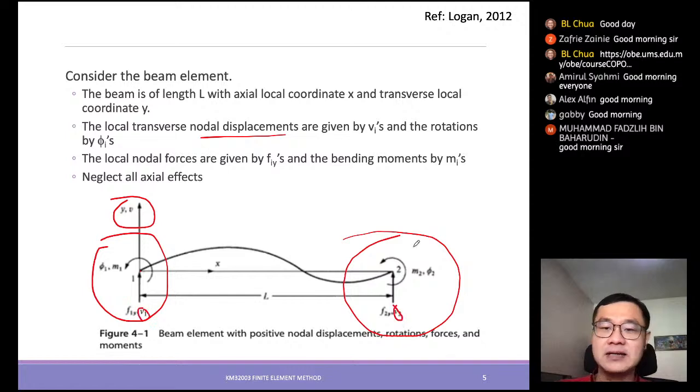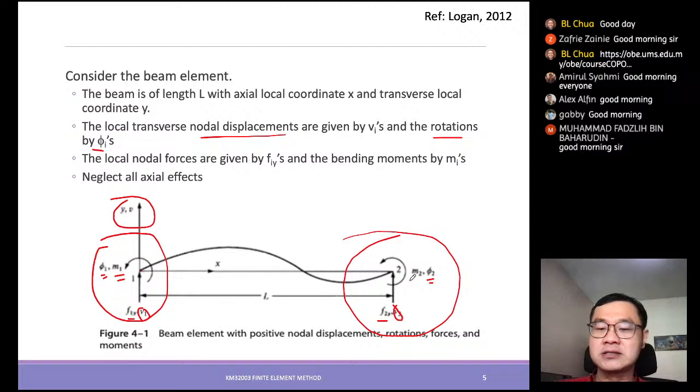This is due to the forces f1y and f2y, and also there are rotations at the node itself, the rotations at node 1 and node 2, given by psi 1 and psi 2, due to the moment at node 1 as well as node 2.